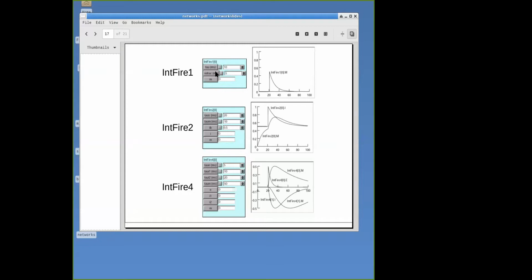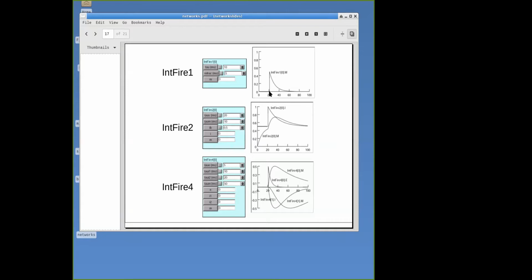Okay? And as you see, if you create an instance of IntFire1, it will appear with these values if you're looking at it with a point process manager. And here's what happens when one of these is driven by a single event with a weight of 0.5 at time 20 milliseconds.